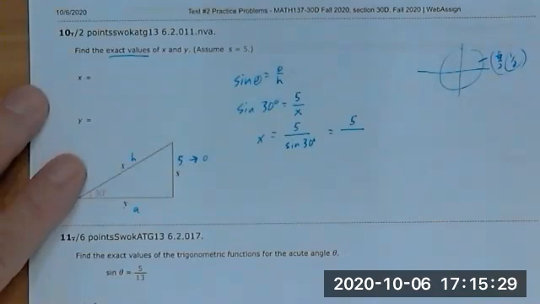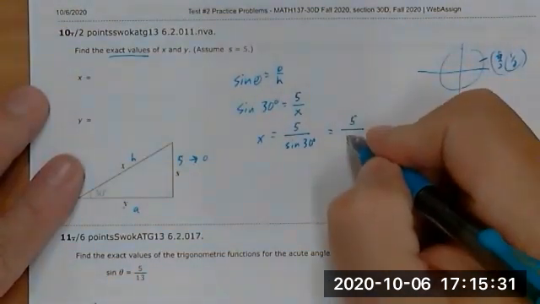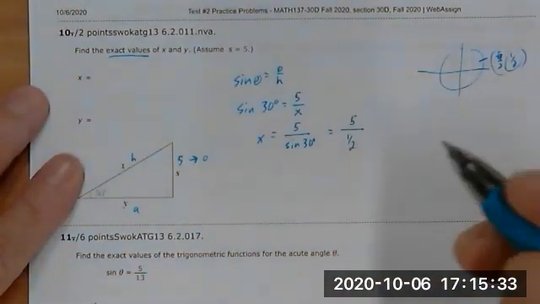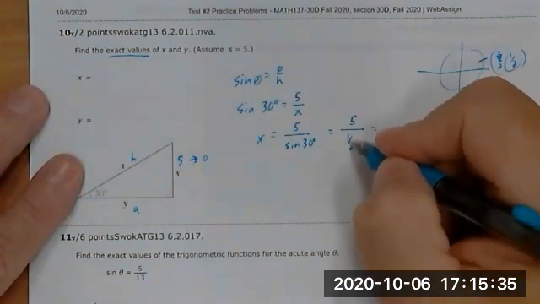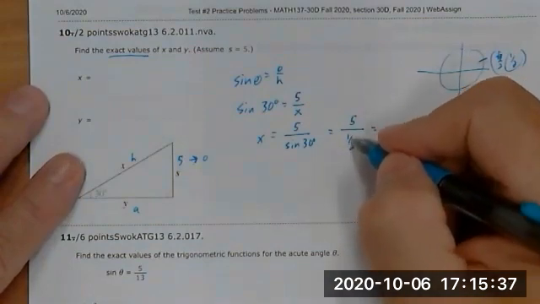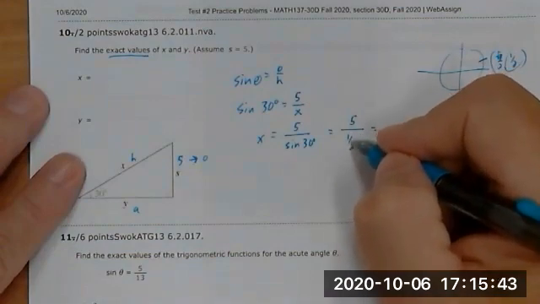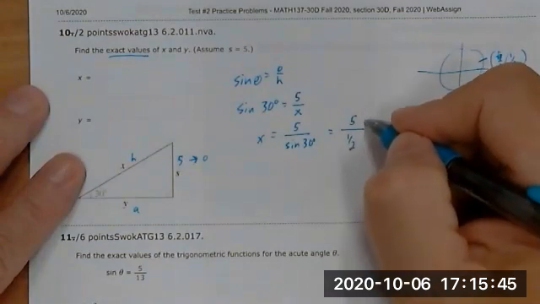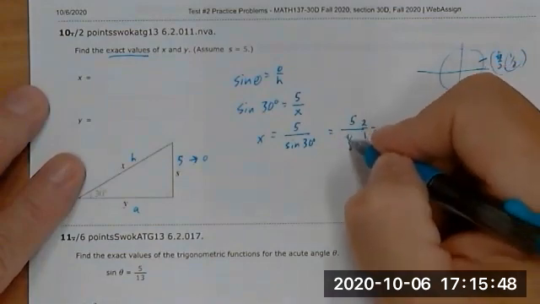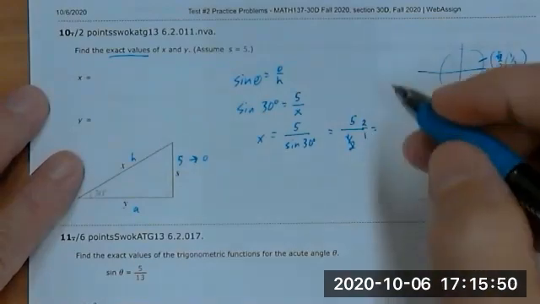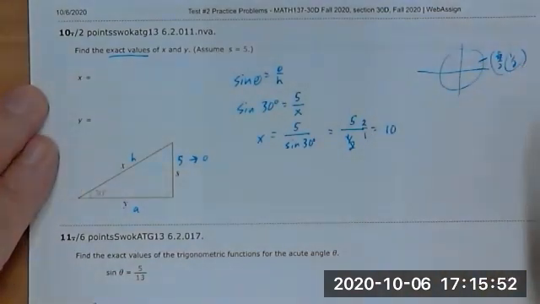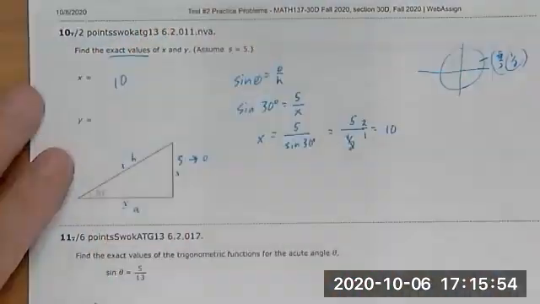The sine is the y value, so it's 5 over 1/2. Now you got to be able to use complex fractions. If you have a fraction in the bottom of a fraction, you simply take the reciprocal, flip these, and multiply the top by that. So that's just going to be 10. So x should be 10.